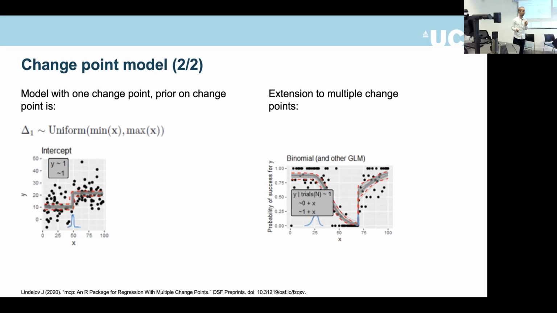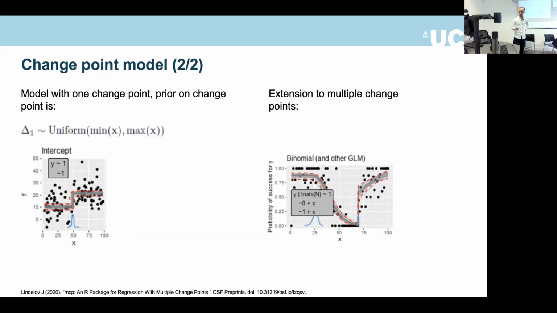So we've effectively got two intercepts in this data set. And the blue posterior that you can see on the graph is the location of the plateau, which here is around 50. You can extend that to multiple change points, and you can extend this specification to GLM data.